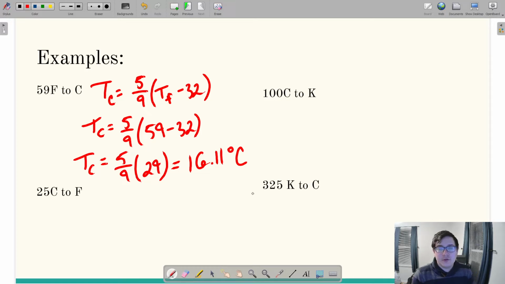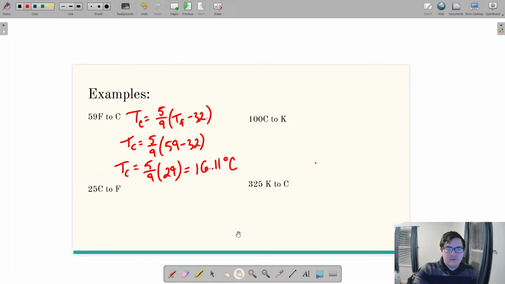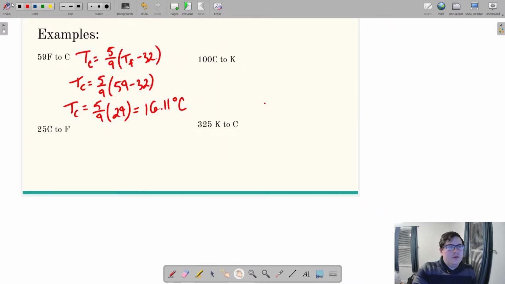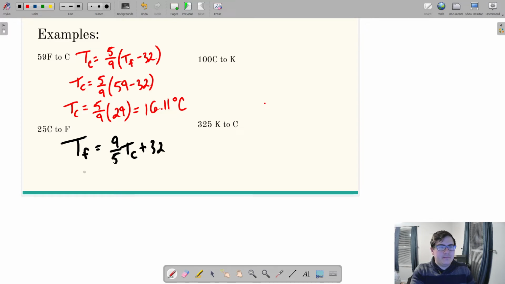Okay, let's go from Celsius to Fahrenheit. I'm going to zoom out a little bit. Alrighty, so we're going to Fahrenheit, so I'm going to use the Fahrenheit formula. And that's going to be 9/5 T sub C plus 32. Temperature in Fahrenheit, we don't know that. 9/5 T sub C is going to be 25 plus 32.